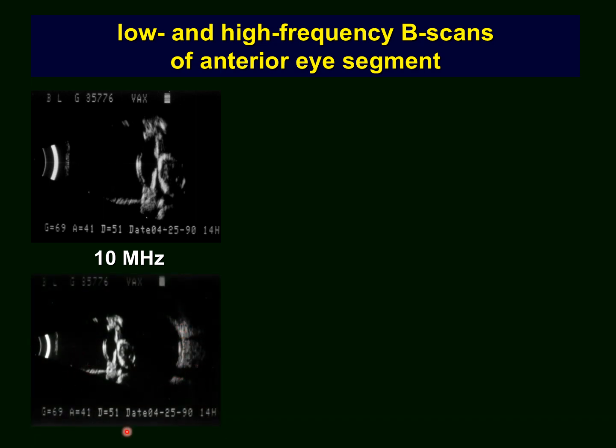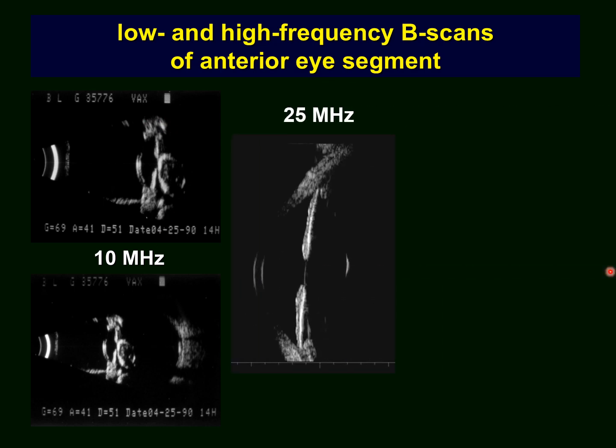With the immersion technique, we get, however, artifacts creeping into this area which do not help us. So the best way is to use the larger horizontal expansion for the anterior eye segment.